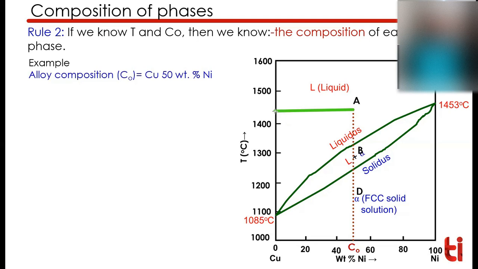So the liquid composition will be the same as the alloy composition. At point A, the composition of your liquid, sometimes represented by C subscript L, is equal to C naught, the alloy composition, because there is only liquid.